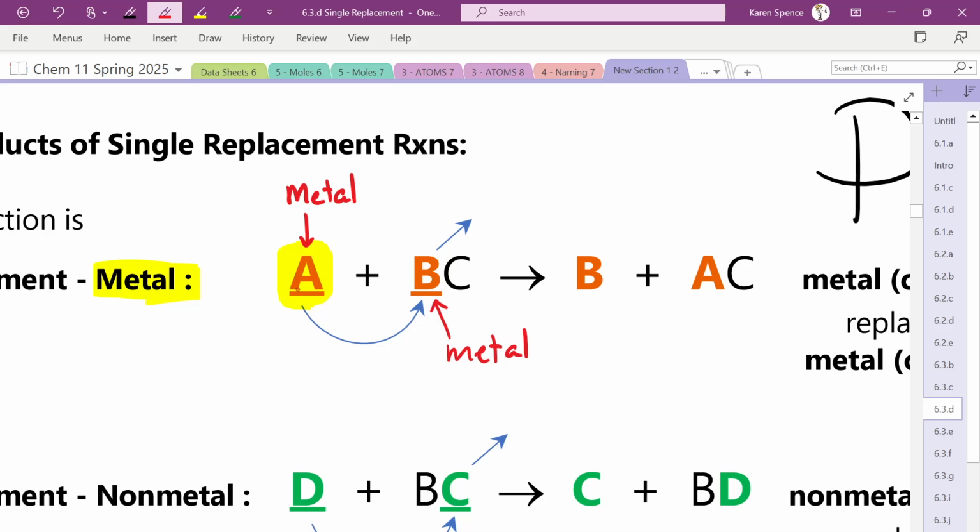So if I had aluminum, it could replace gold. But it would not replace chlorine because chlorine is a nonmetal.